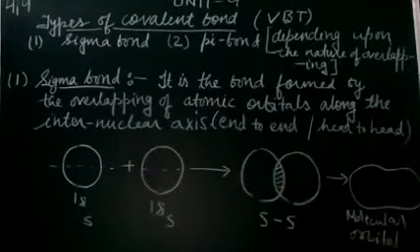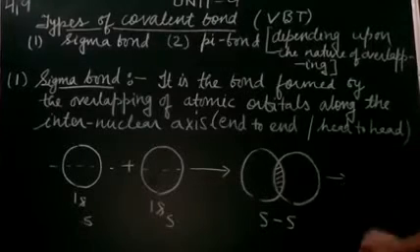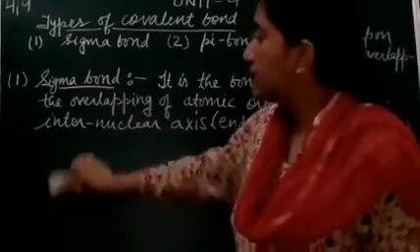The sigma bond is formed by the head-to-head overlapping of the atomic orbitals, or end-to-end overlapping of the atomic orbitals along the internuclear axis, and the electron cloud which is the outcome of this overlap is going to be distributed evenly along the internuclear axis. Now students, we are going to discuss the types of sigma overlapping.